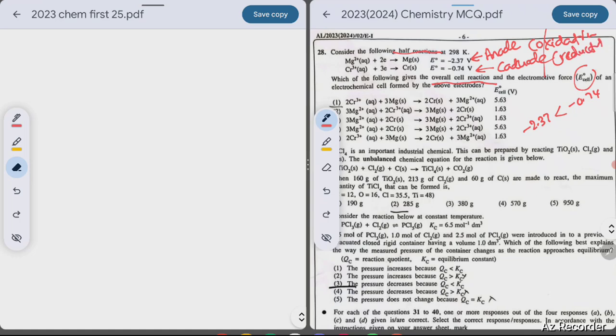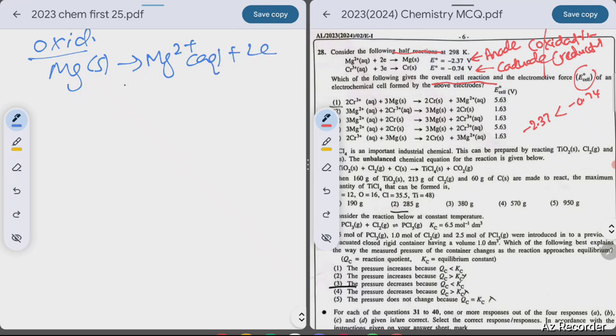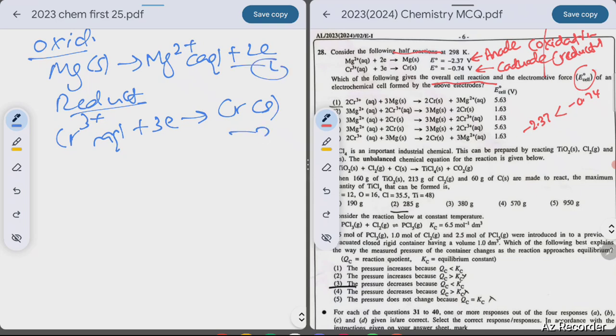Now if we write the oxidation reaction, magnesium solid gives Mg2+ aqueous plus 2 electrons. Then what is the reduction reaction? Cr3+ aqueous plus 3 electrons gives Cr solid. This is first, this is second.